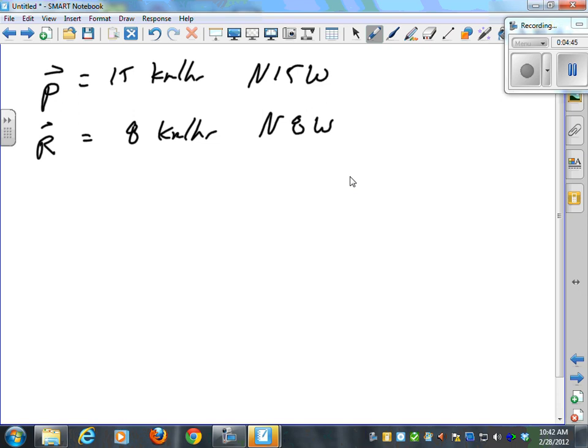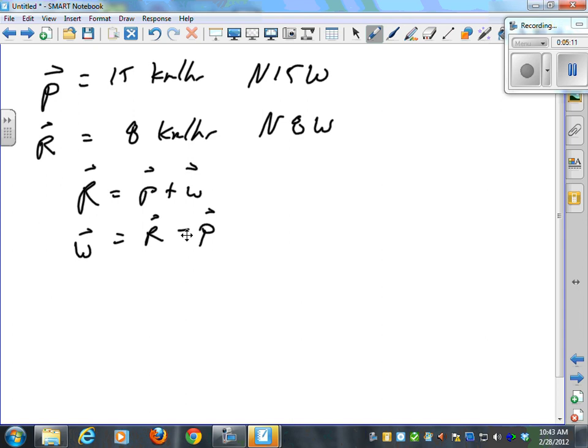It asks for the wind's velocity. Knowing that the resultant is the plane plus the wind, we are solving for the wind, which is resultant minus plane. So I've got to take this vector and subtract that one. It's going to be r minus p.